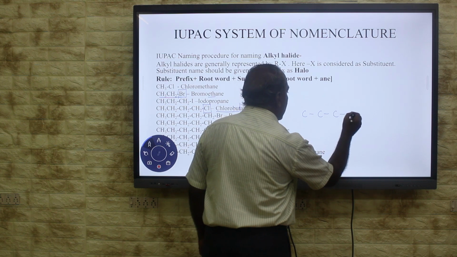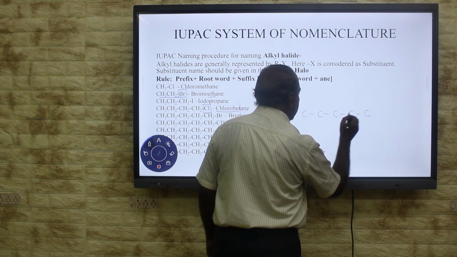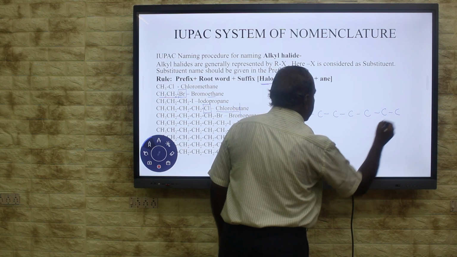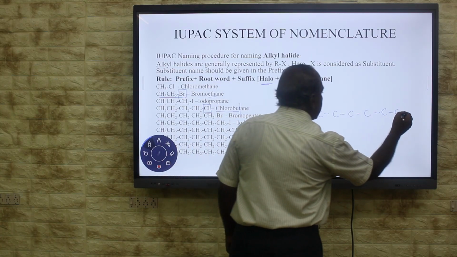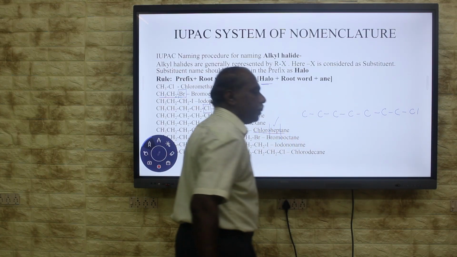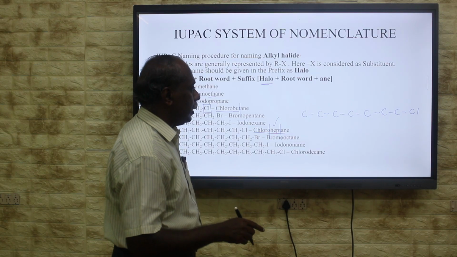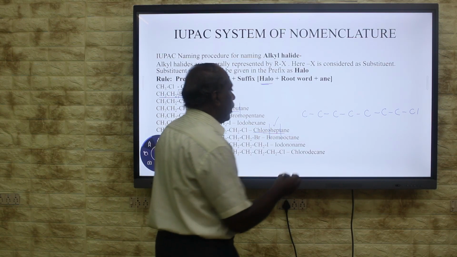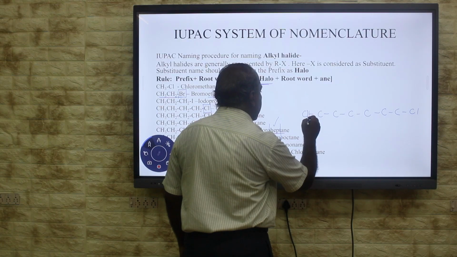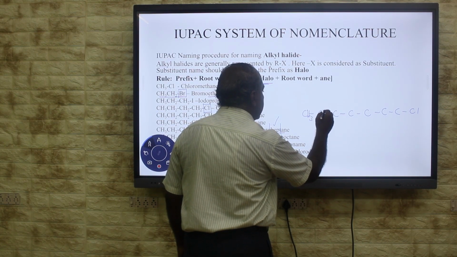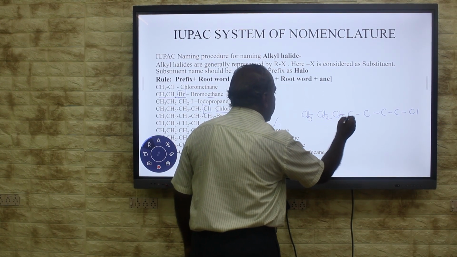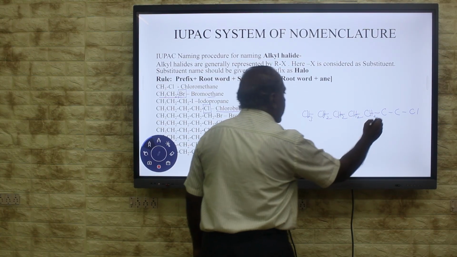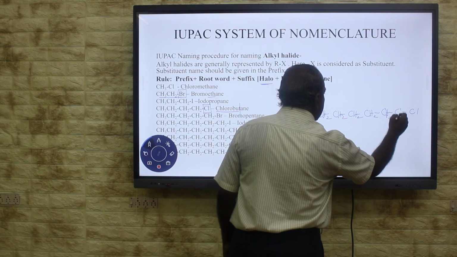There may be 7 carbons: 1, 2, 3, 4, 5, 6, 7. Then you put Cl. It should start with the Cl. Then you fill the balance of carbon by hydrogen. Here CH3, CH, and the remaining carbons have CH2, satisfied by hydrogen.